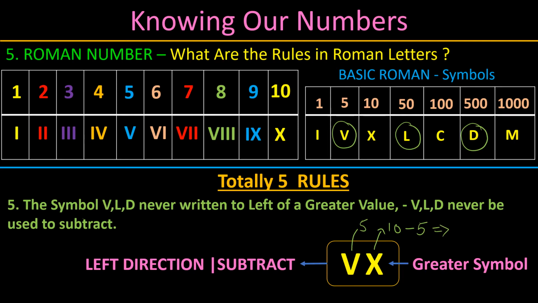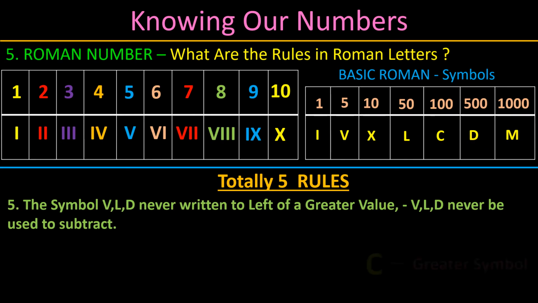For the 5 we already have a symbol defined, V. Why write V before X to represent 5? This is not right. So the Roman number rules say don't use V, L and D before the largest number. This is not allowed.